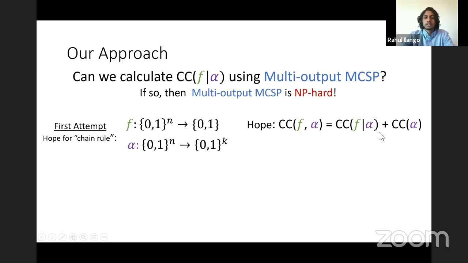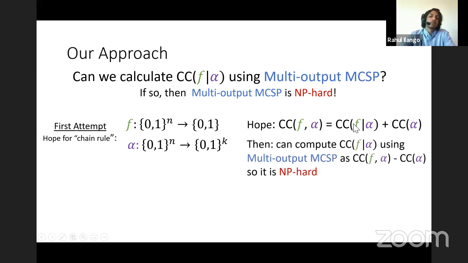This is a little bit too much to hope for, but if you had it, then we would be done, because you can compute the complexity of f relative to alpha using MCSP by subtracting off the quantities.